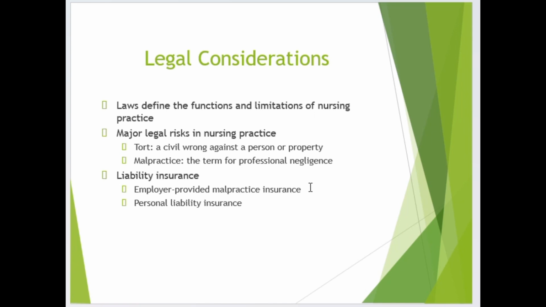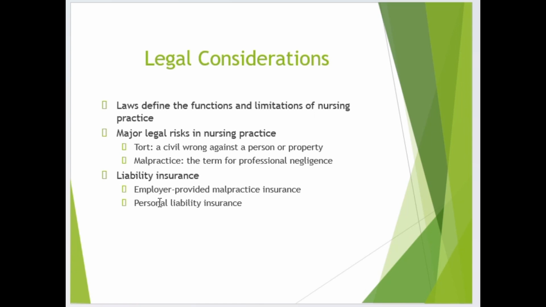Maybe because as a nurse you did something, right? So this won't stop you from losing your house, from losing your car, right? It's gonna help the hospital not lose things, right? So now there's a second type of insurance that will protect you, will protect your house, your car, your bank account, all of that.